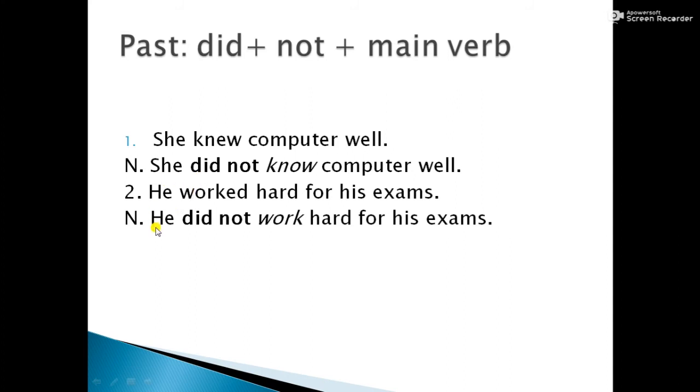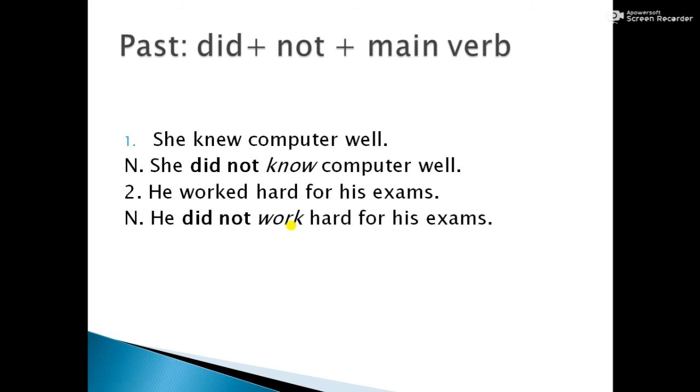So, the negative is he did not work hard for his exams. So again we have removed ed showing the past tense because we have already used did to indicate the past tense in the negative sentence, and then the base form of the verb has been used here.